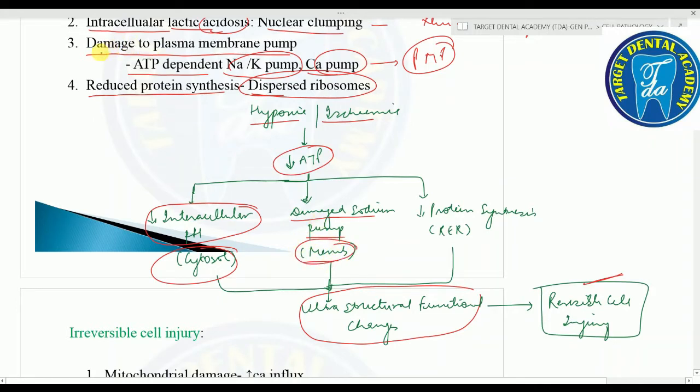See, damage to the plasma membrane pumps, which include the ATP-dependent sodium potassium pump and the calcium pump, leads to ultrastructural functional changes, and finally to reversible cell injury. Third, when there is decreased protein synthesis in the RER, it leads to ultrastructural functional changes, and finally to reversible cell injury.